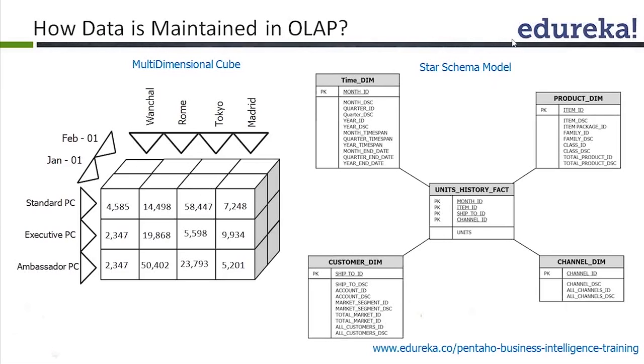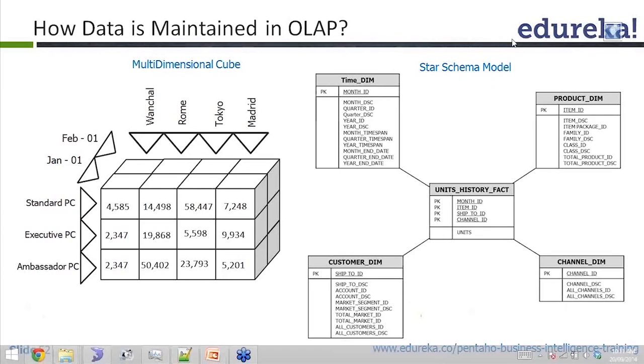On the right side you can see the star schema model. The central part is a fact where key measurements will be listed. On the left side, top corner, you can see the time dimension, and on the right side, the product dimension.